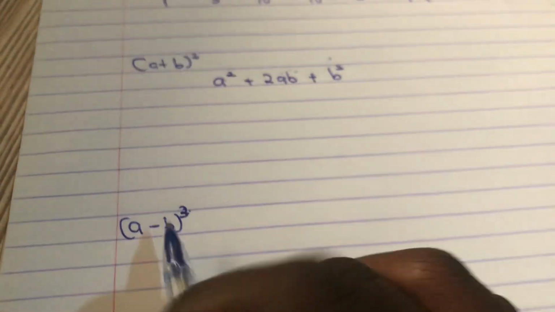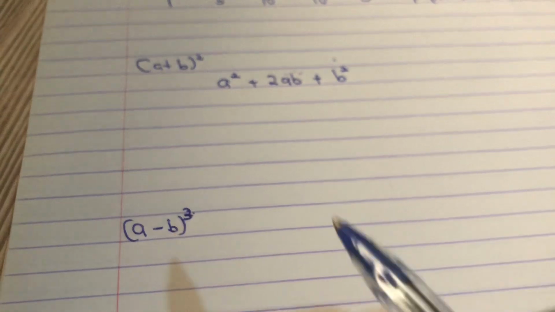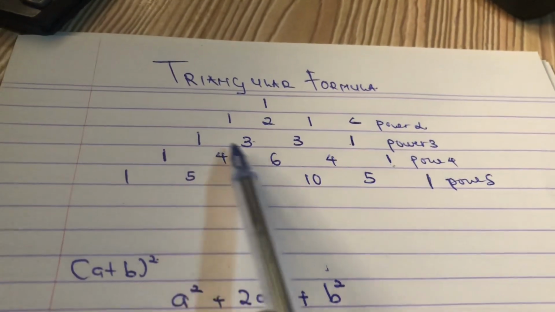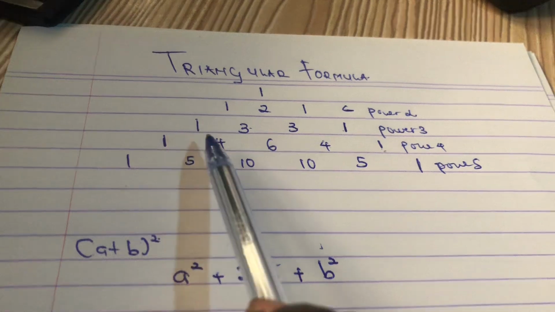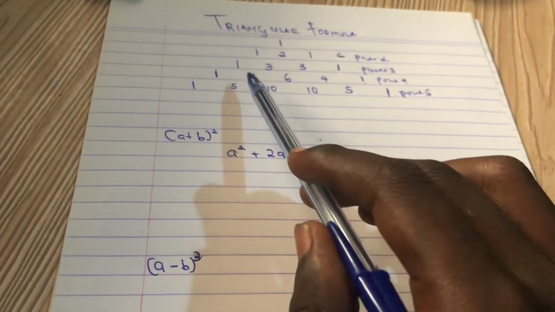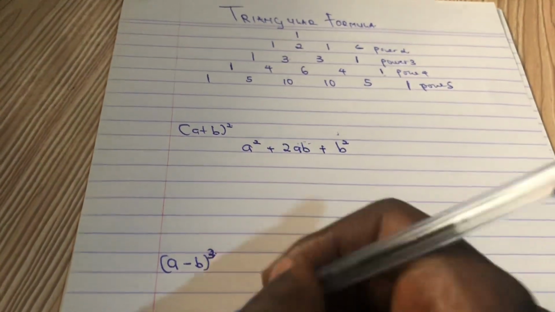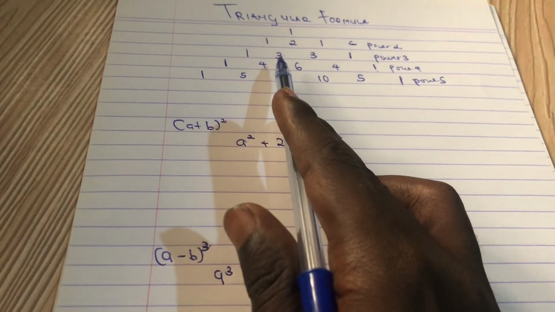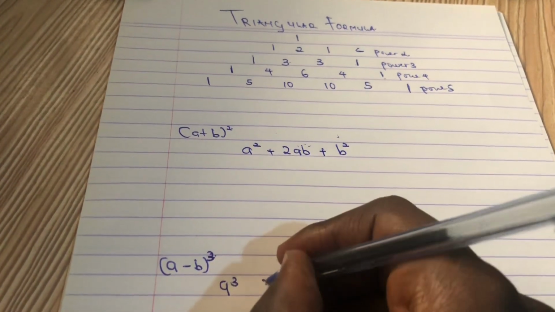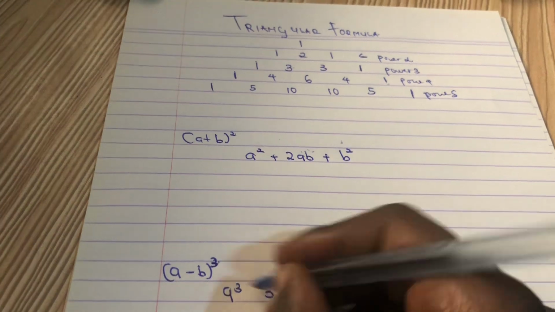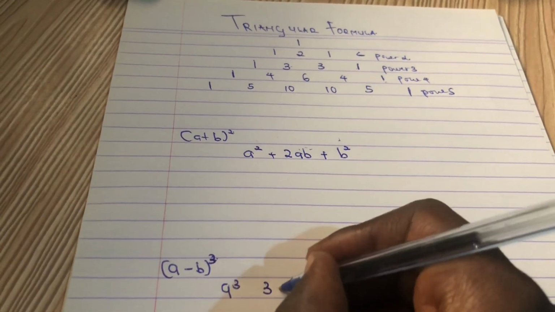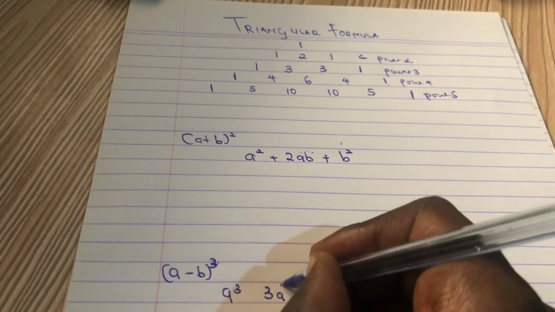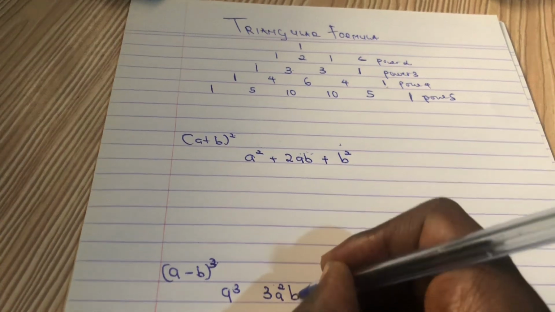Let's try out another number here. We have (a - b) cubed, to the power 3. So for this, we shall use this row of the power 3. You can see the first one there is a 1, so it will start with a to the power 3. We go to the next one, which is 3. This one now will be a to the power 2, it has reduced to 2, and then b comes in.